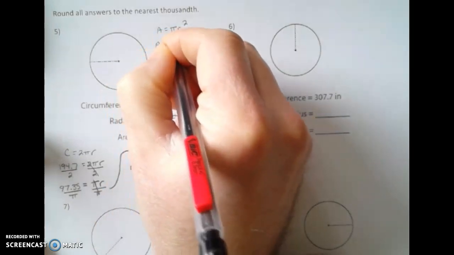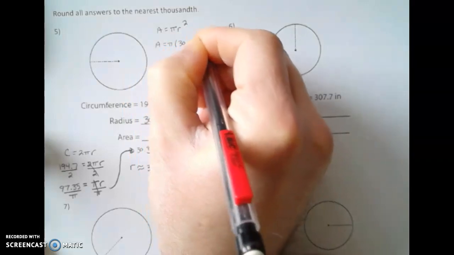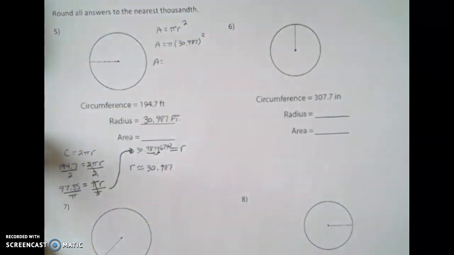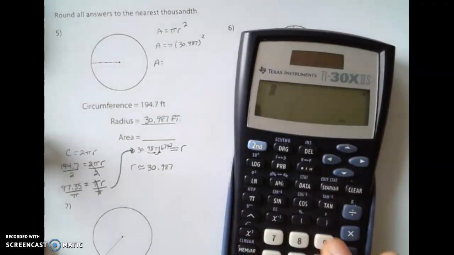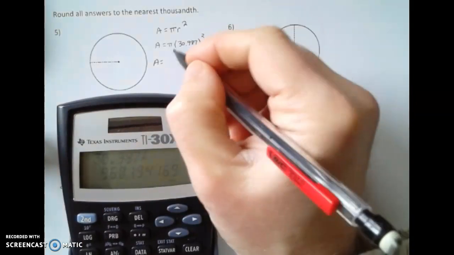A equals pi times 30 and 987 thousandths squared. Now we're going to punch that into our calculator. So 30 and 987 thousandths, and that is the squared button, equals. I'm going to write out all those digits again.